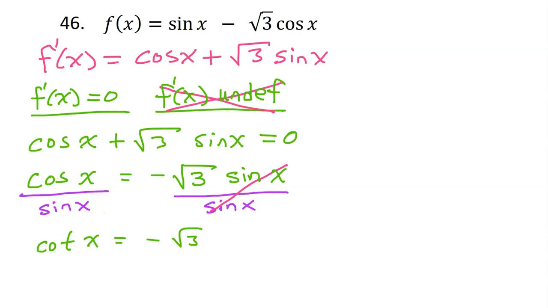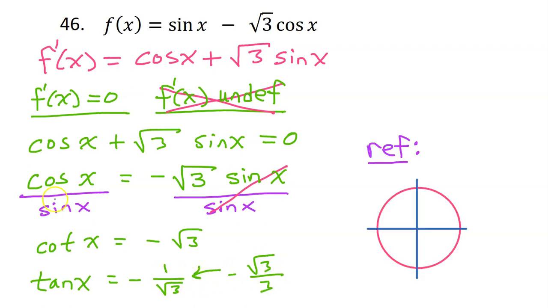I am more comfortable with tangent than I am with cotangent. So I'm going to do the reciprocal of both sides and write tangent x is equal to negative 1 over radical 3. You might be more familiar with this as negative radical 3 over 3.